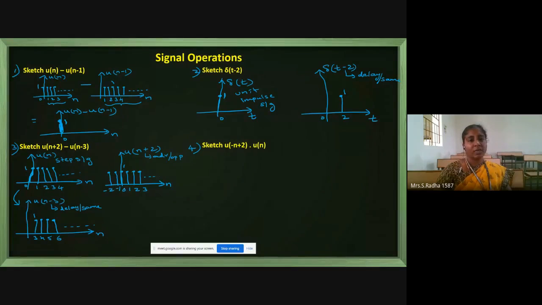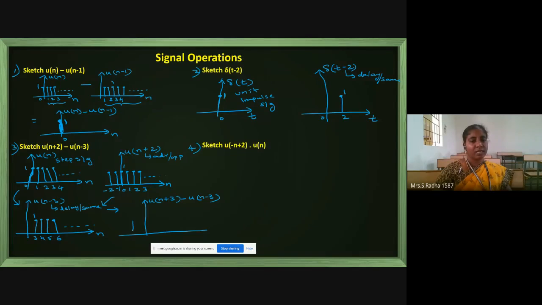Height is 1. Now you have to operate with the second diagram and third diagram. What is the final diagram? The final diagram is u of n plus 2 minus u of n minus 3. If you see, from 3 onwards, the third diagram entirely gets cancelled.